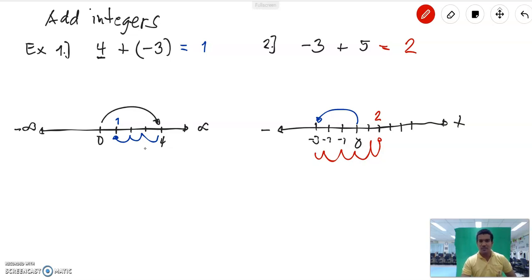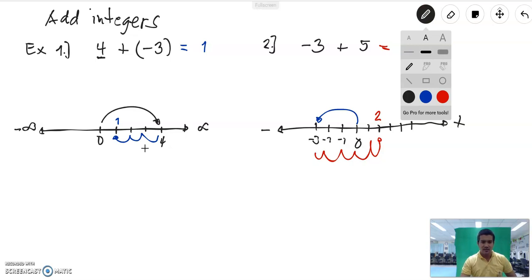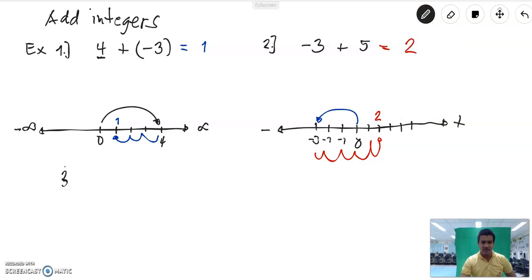Another example. This is the third example. For example, we have 5 plus 1 plus negative 4. Okay, we will have three values that we're going to add. So we'll draw a line.